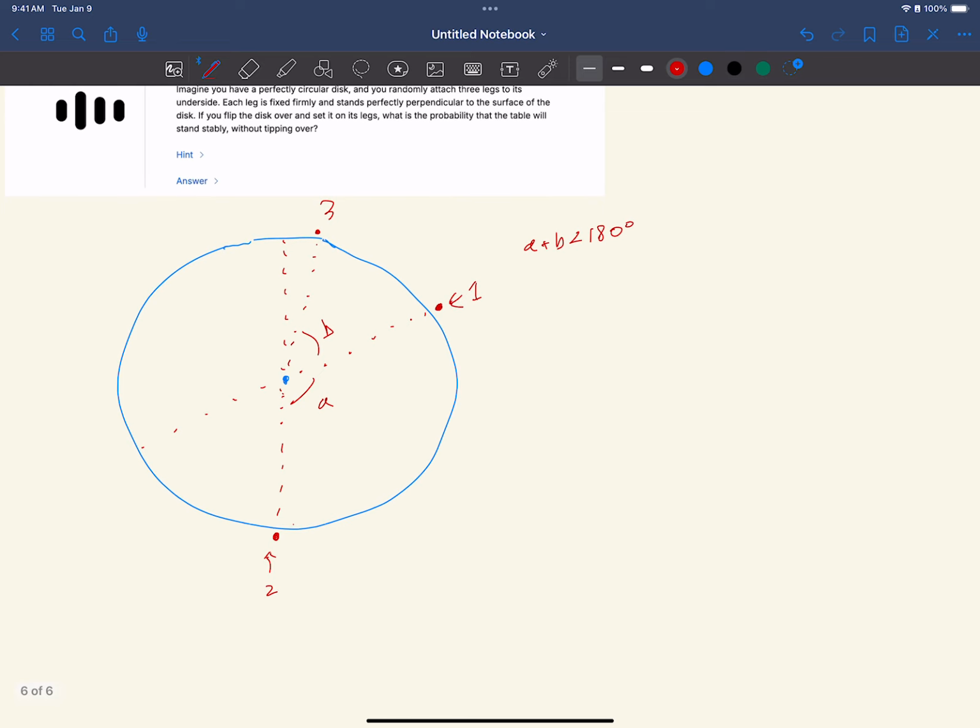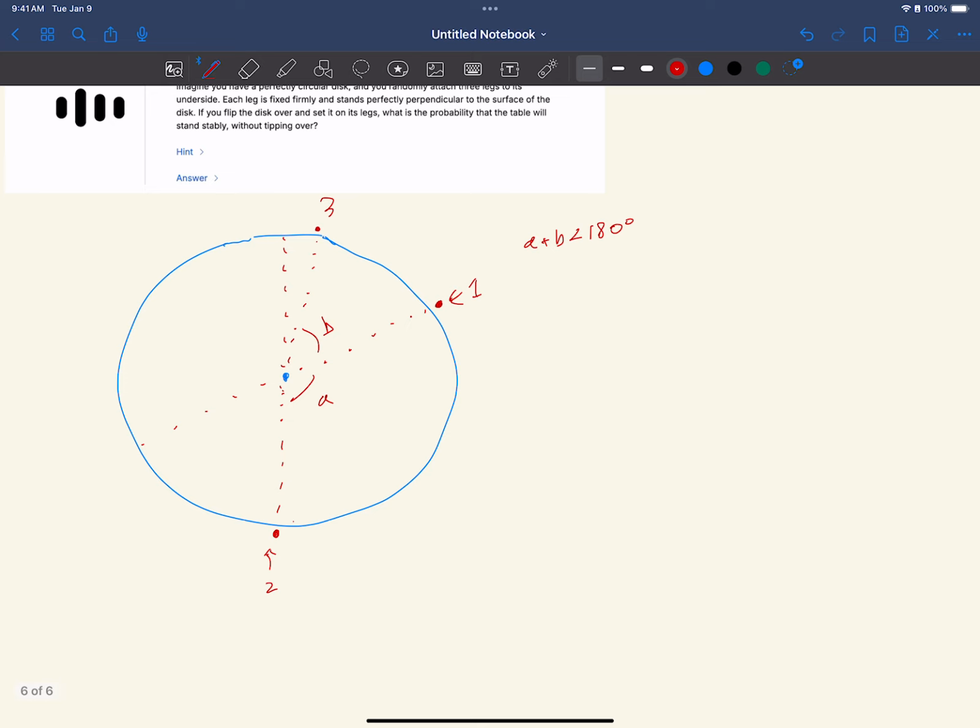And so what we really want to calculate this probability is for this third point to be such that A plus B is less than half the total angle of the circle.